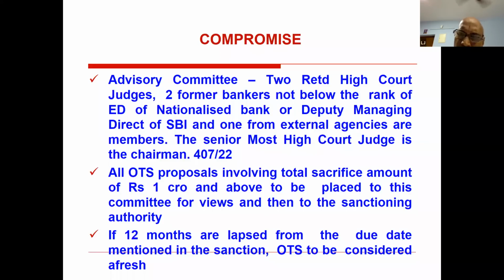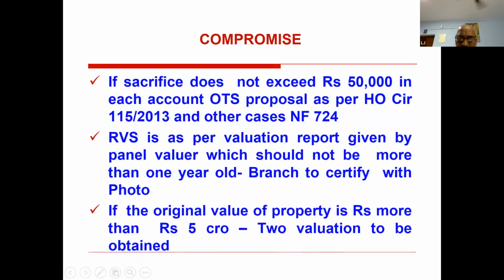If he comes within those 12 months, the old OTS formula will apply, and you may take the unapplied interest etc. for the delayed period. Beyond 12 months from the due date mentioned in the sanction, if he comes, that OTS cannot be considered; a fresh OTS is to be considered. If 12 months have lapsed from the due date mentioned in the sanction, OTS is to be considered afresh. Then leave it. These 2 points are very important.